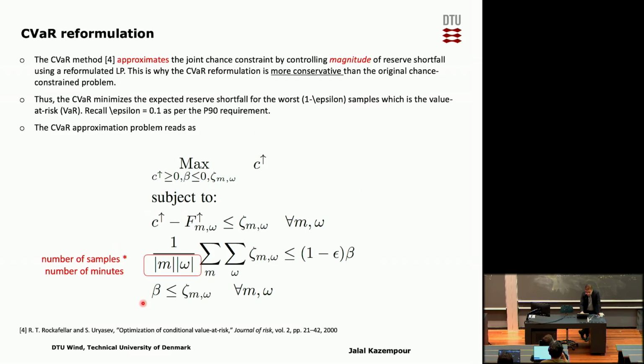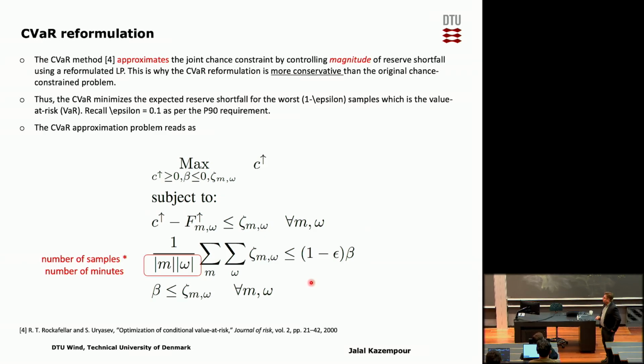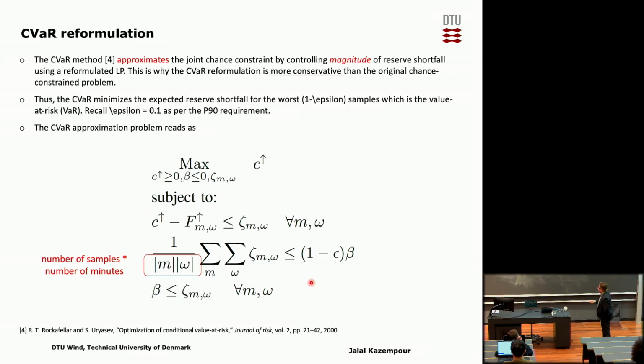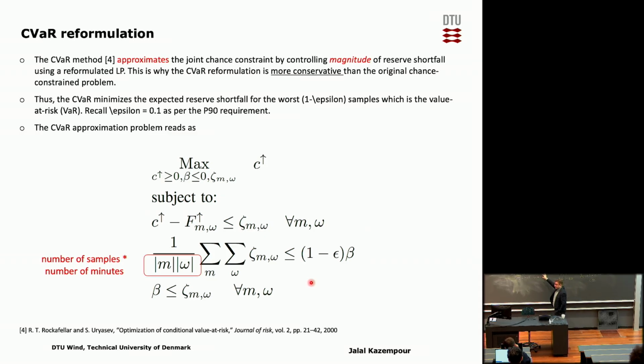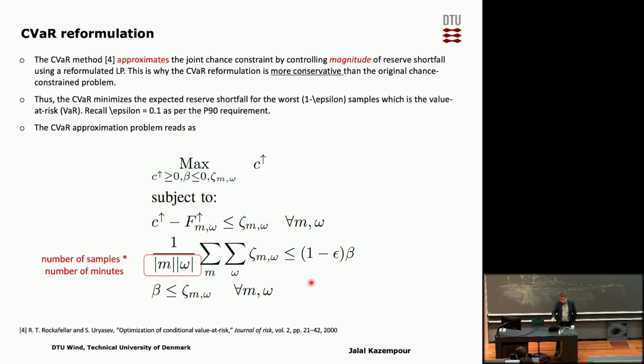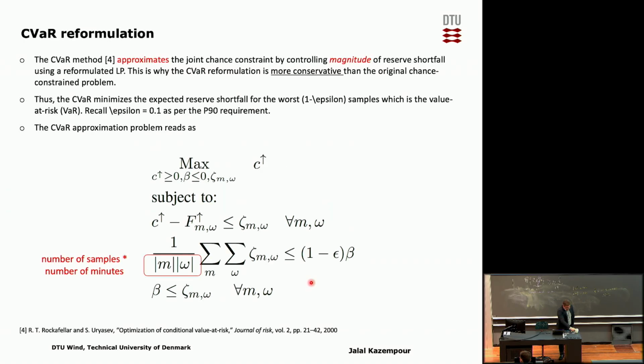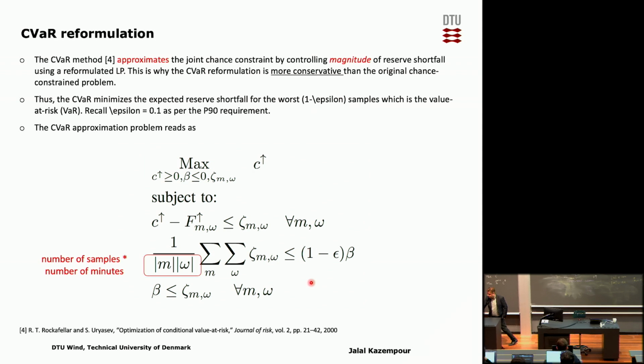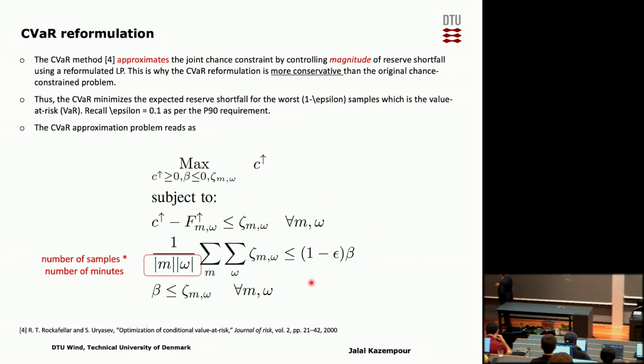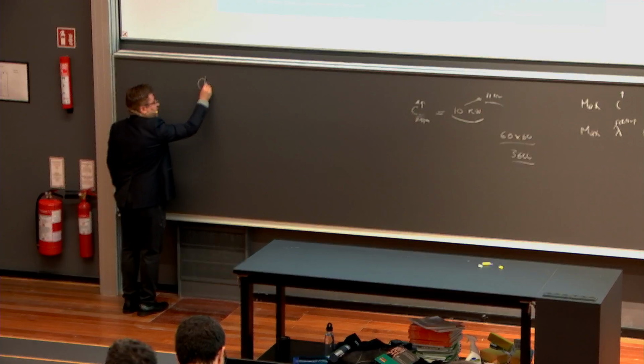And now you can solve this problem. If you want to know how this CVaR is built, you can check our previous lecture. But you can see it as an LP problem, and you can use this in your assignment. So that's the second alternative to reformulate this chance constraint. Okay? So just to summarize, we end up in a chance constraint problem.